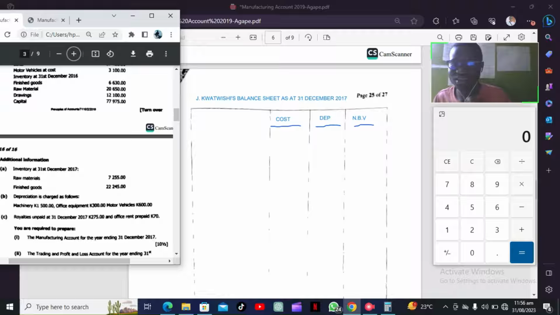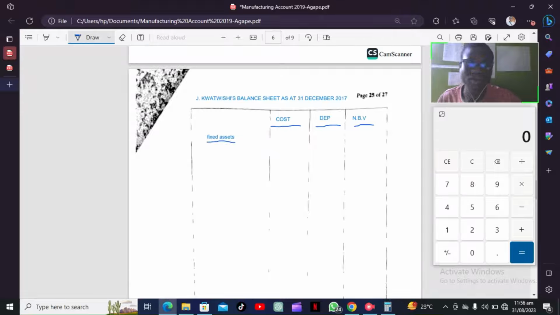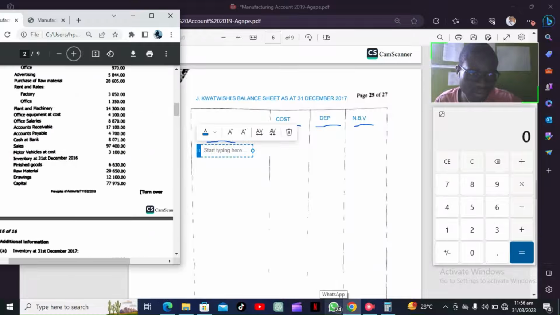So now what we're going to start with is the fixed assets. So we're going to enter fixed assets and underline as our heading. Now we're going to list our fixed assets down here. So I'm going to go and look for our fixed assets.